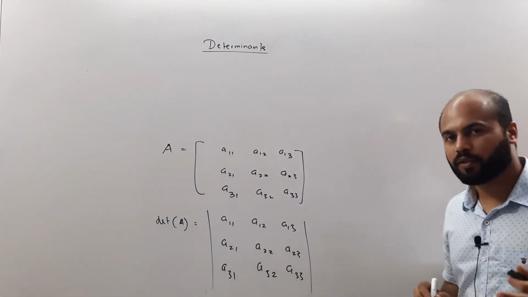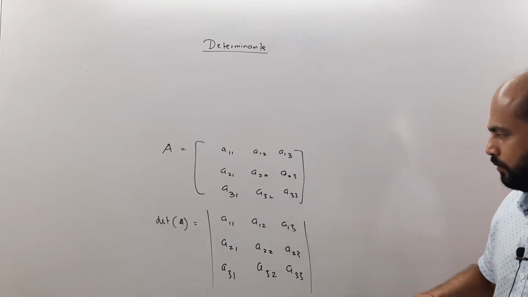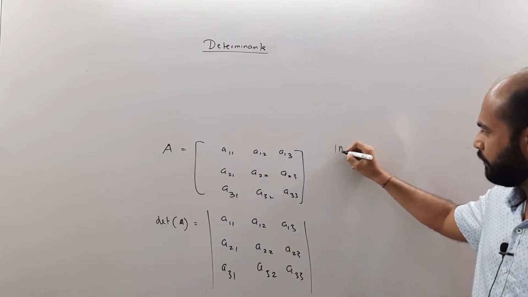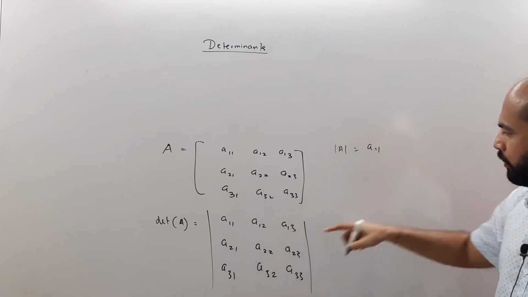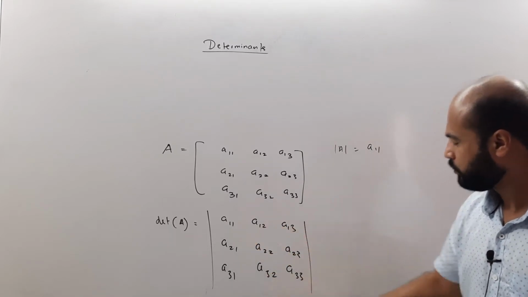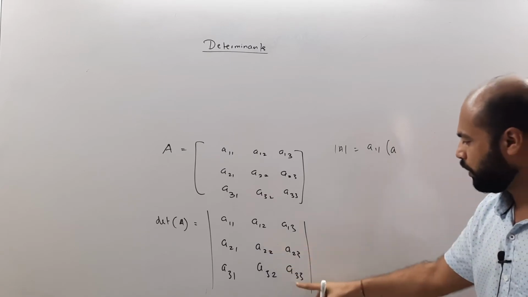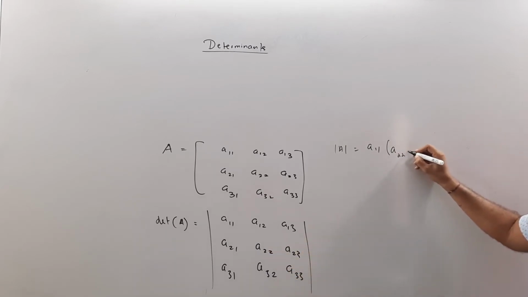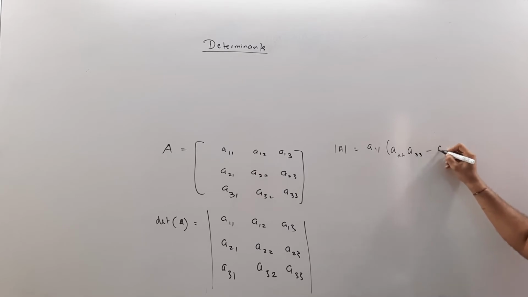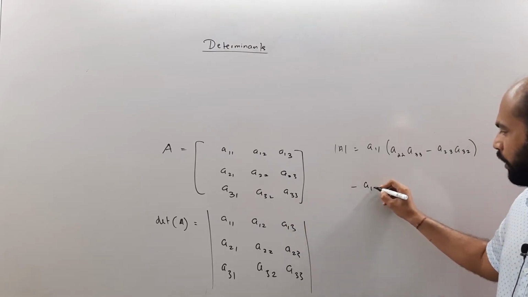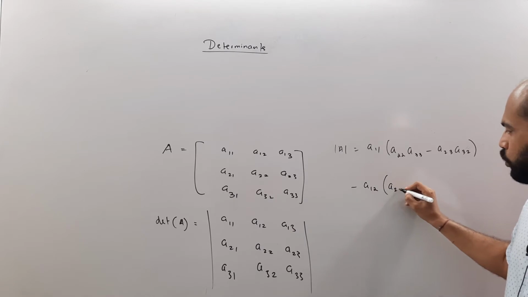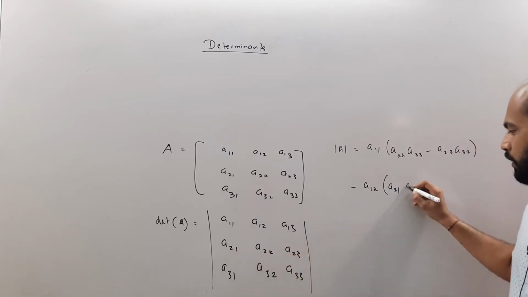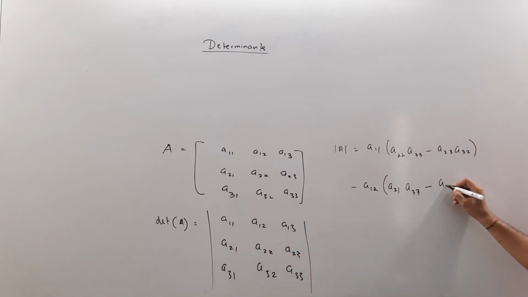So as we have studied about the basics in class 11th, I can write the value of determinant A as A11 into these two elements cross multiplied, A22 into A33 minus A23 into A32, then the middle element over here minus A12 into A21, this into this, A33 minus A23 into A31.